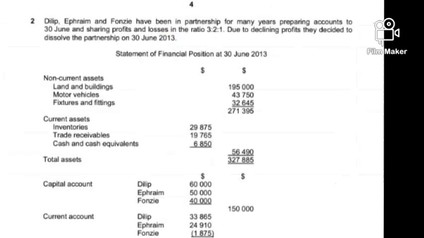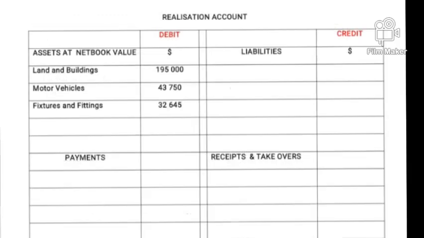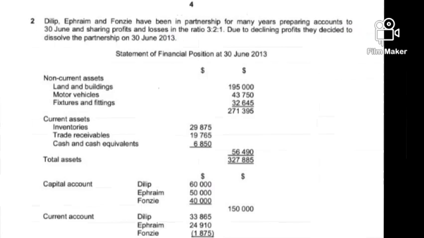Fixtures and fittings have a net book value of 32,645. So I'm going to place 32,645 under motor vehicles. We are now moving on to current assets, right? On current assets, we are going to record inventories.